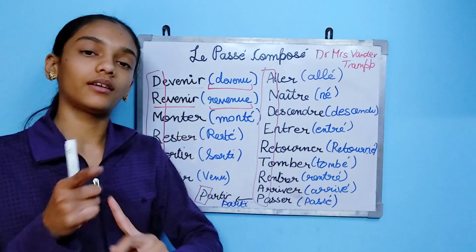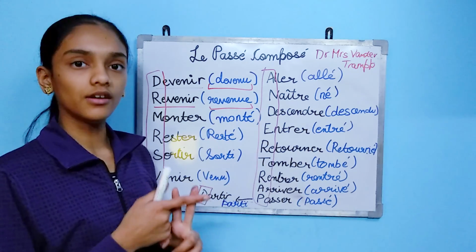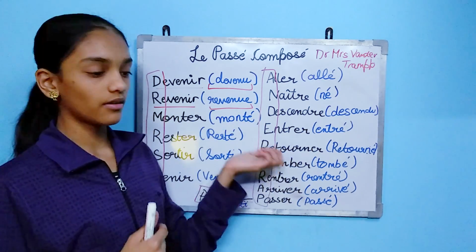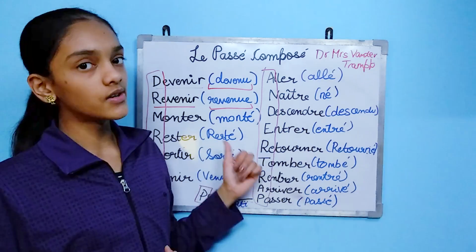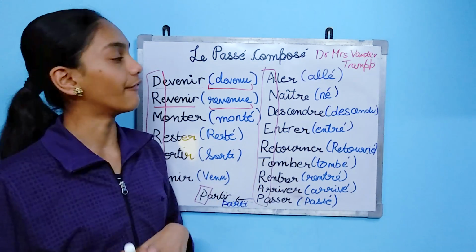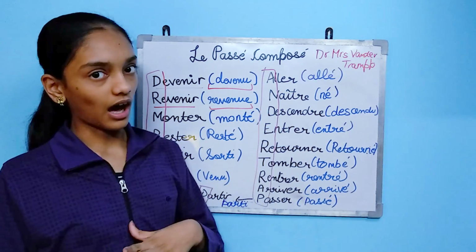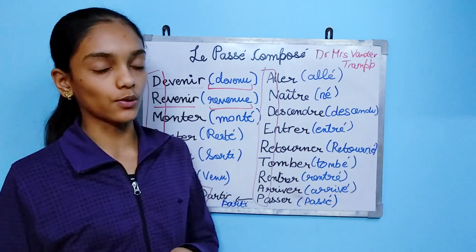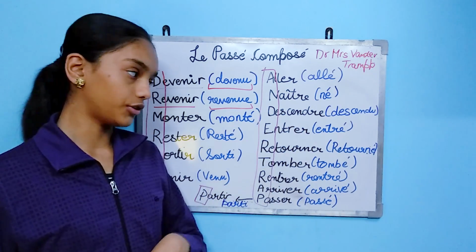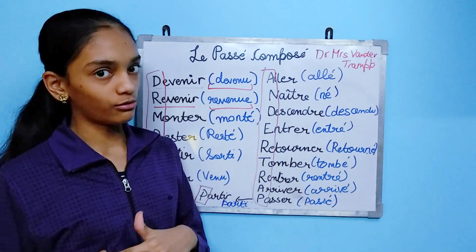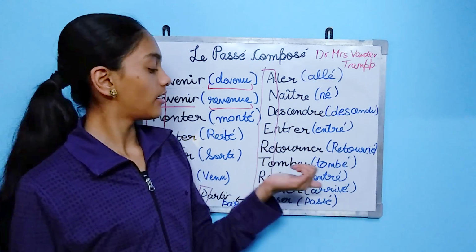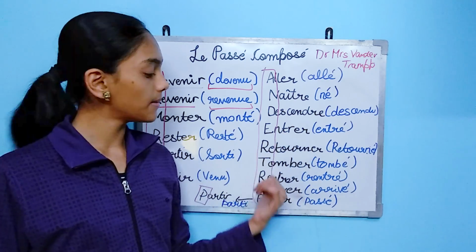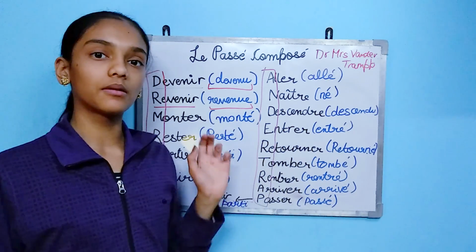So, devenir, devenu; revenir, revenu; monter, monté; rester, resté; sortir, sorti; venir, venu; aller, allé; naître, né; descendre, descendu; entrer, entré; retourner, retourné; tomber, tombé; rentrer, rentré; arriver, arrivé; passer, passé; and partir, parti.